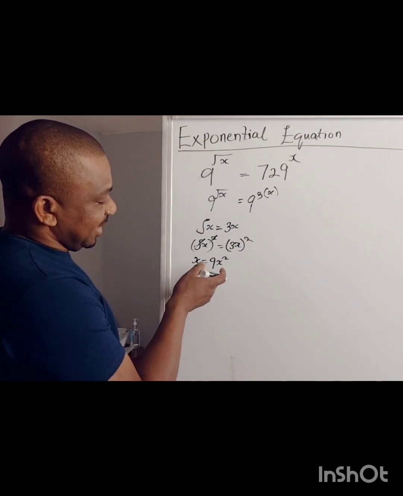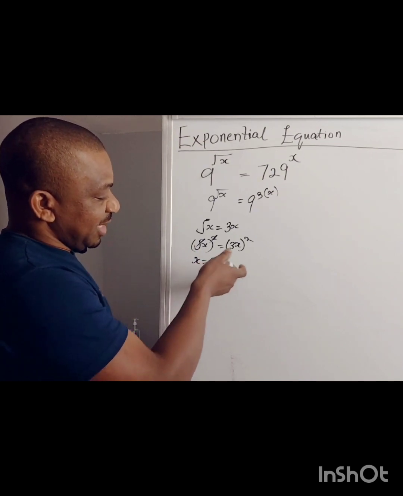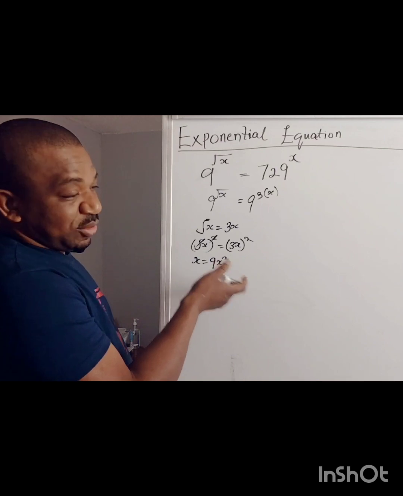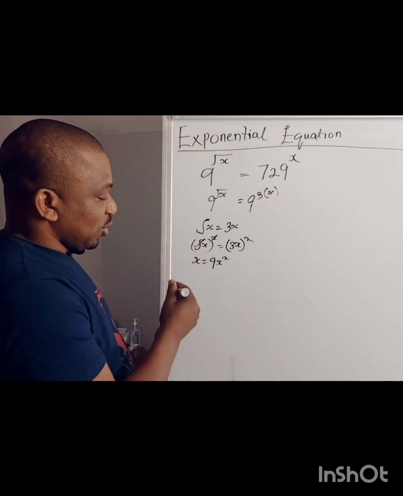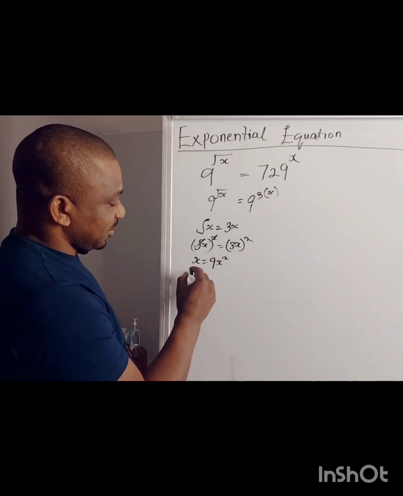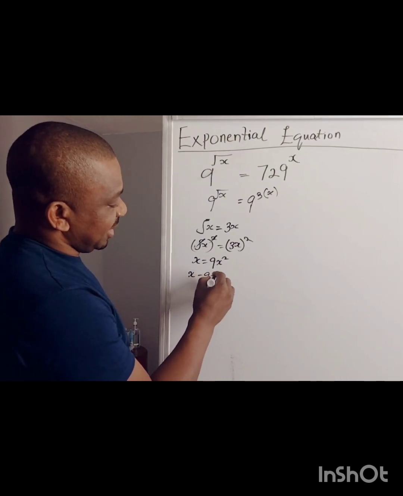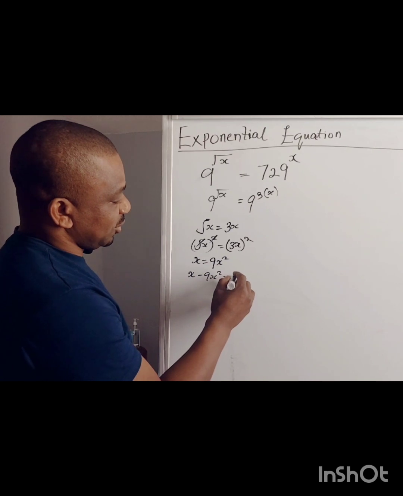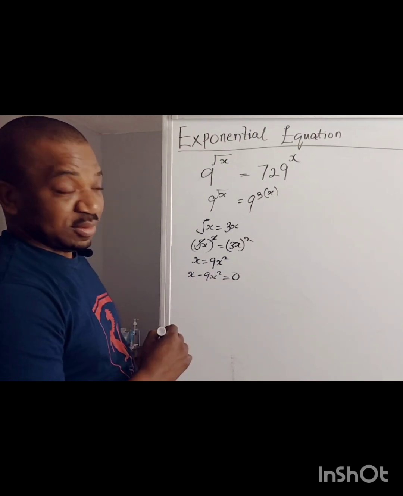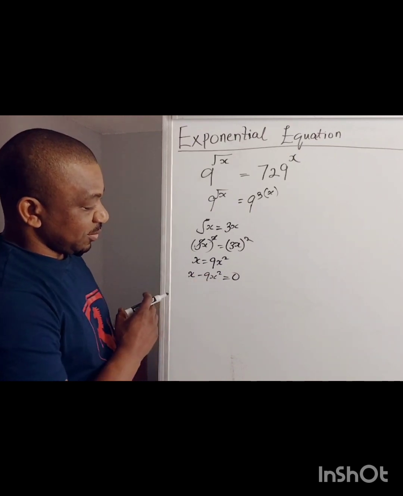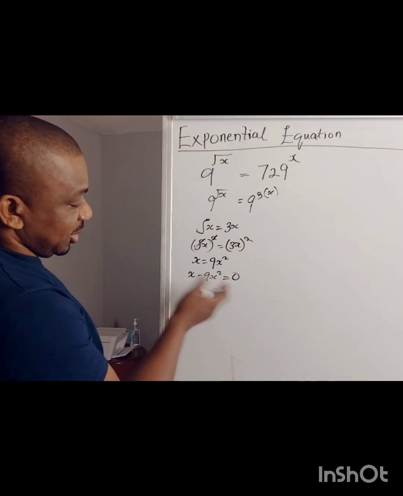So if I move 9x squared to the right hand side, or 9x squared crosses the equality sign, that will become x minus 9x squared is equals to 0.